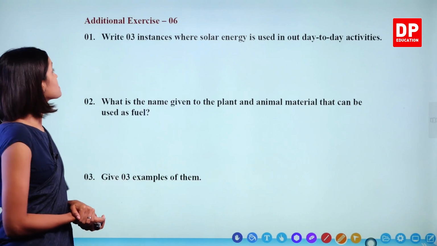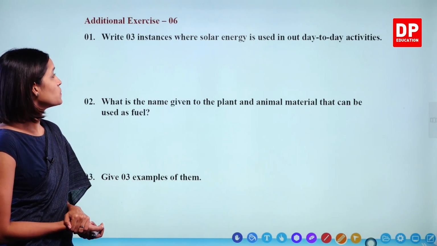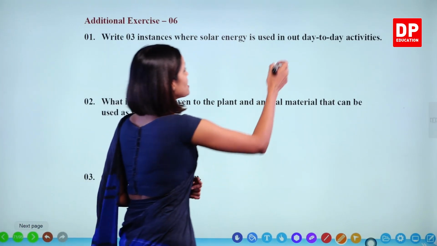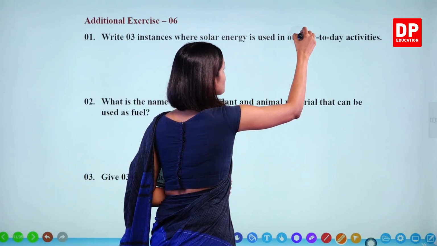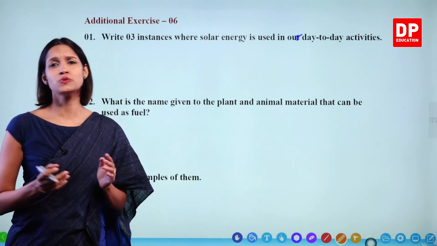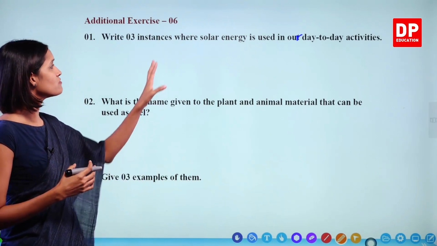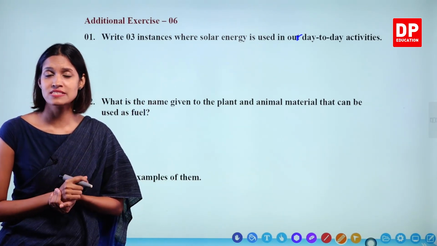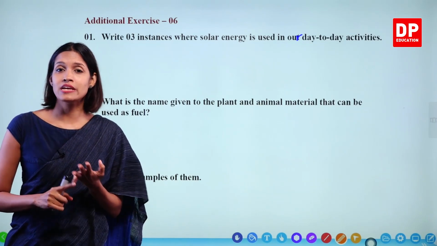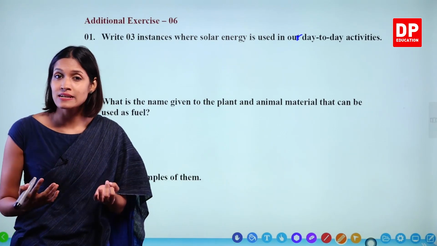Exercise number 6. Write 3 instances where solar energy is used in our day-to-day activities. So solar energy is used in different instances, right? So what are the instances that we use in our day-to-day activities, children? We use solar energy to dry grains, to dry clothes, and to generate electricity.